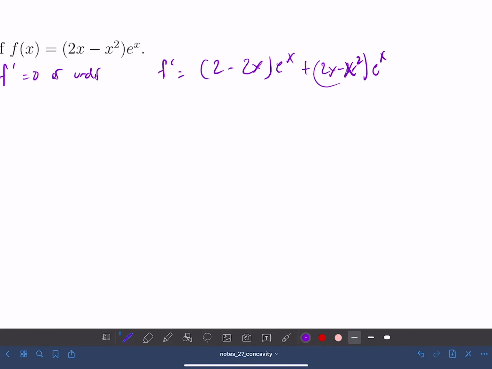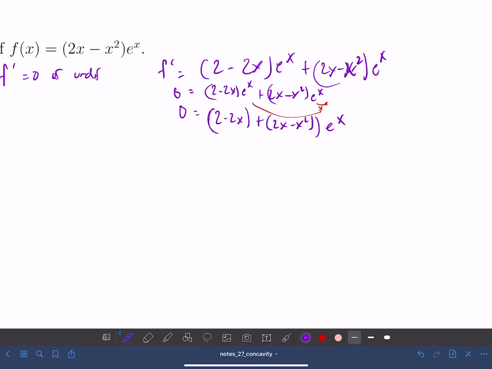I want to know where that's equal to 0, and I'm going to do that on a separate line: 0 equals (2 minus 2x) e to the x plus (2x minus x squared) e to the x. The first thing I'm going to do is pull out an e to the x of both of these, so that I have 0 equals (2 minus 2x plus 2x minus x squared) times e to the x.